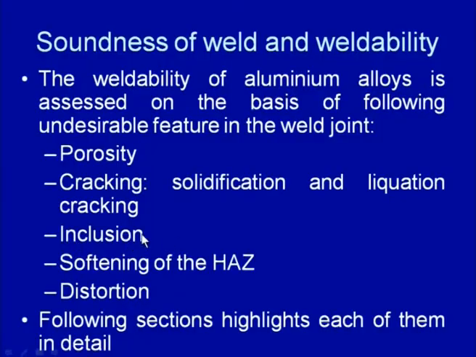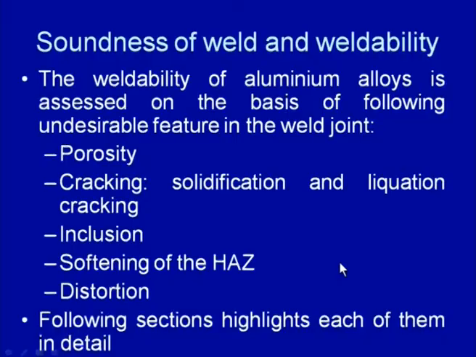Solidification cracking occurs in the weld region, and liquefaction cracking takes place in the heat affected zone. Then inclusions, primarily due to the formation of aluminum oxide, and the softening of the heat affected zone. This happens mainly due to the grain growth in the heat affected zone, and the reversion of the hardening precipitates, and the coarsening of the hardening precipitates in the heat affected zone, especially in case of the precipitation hardenable aluminum alloys.